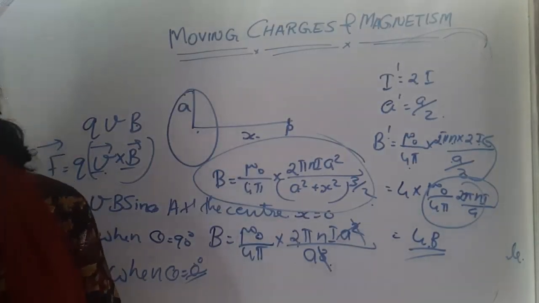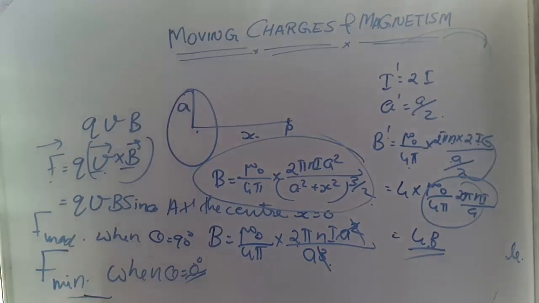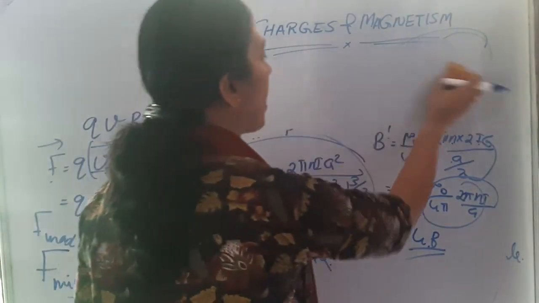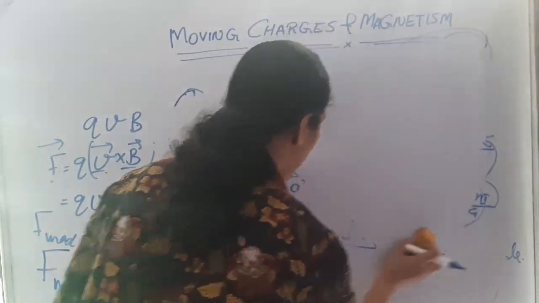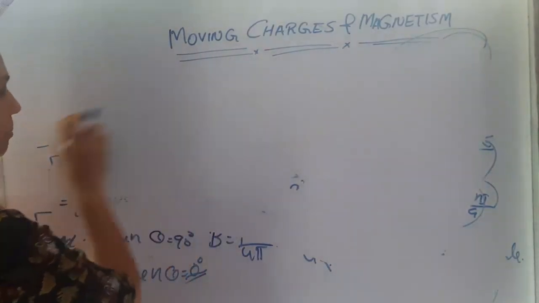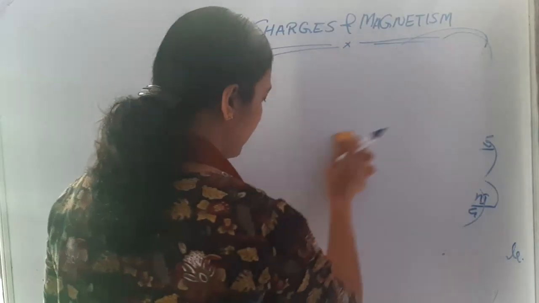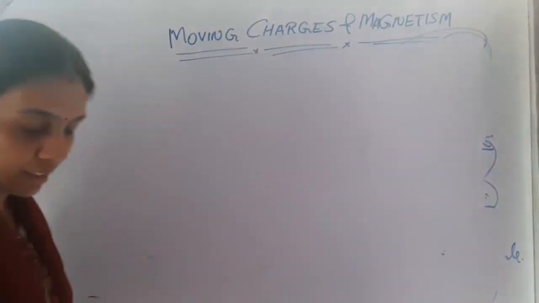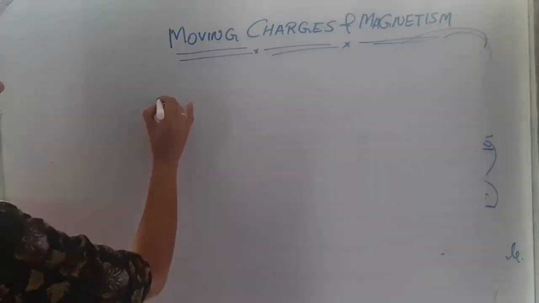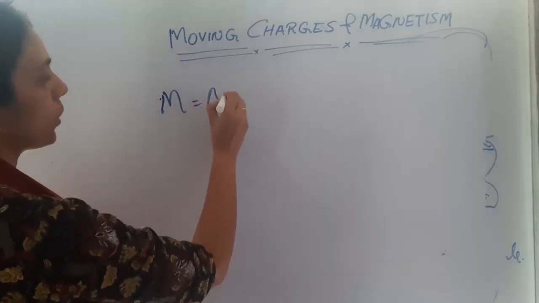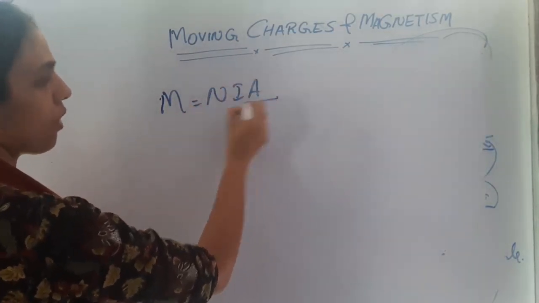Here we need to know what magnetic moment is. The magnetic moment of a circular coil is M equals NIA. This is the formula.